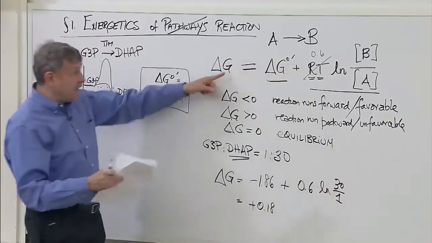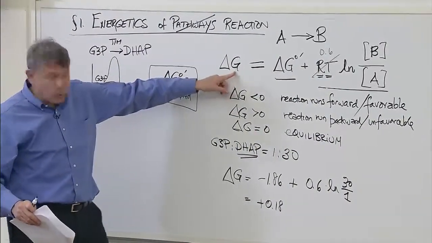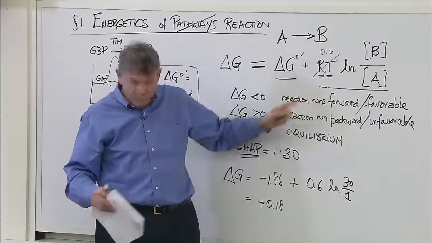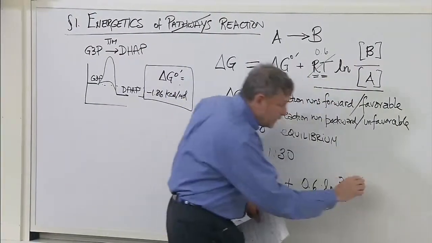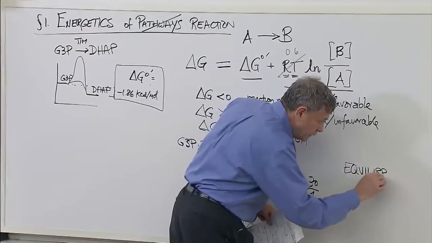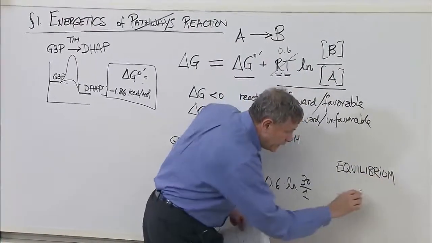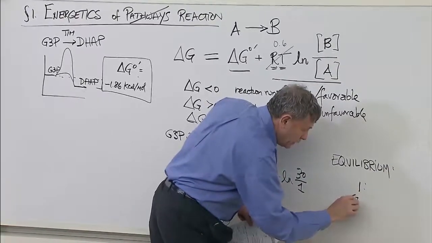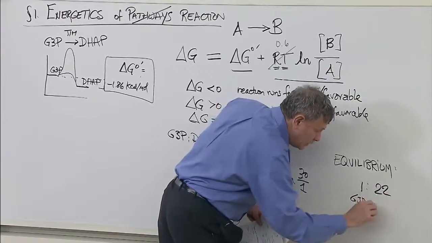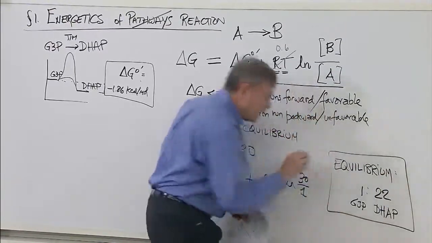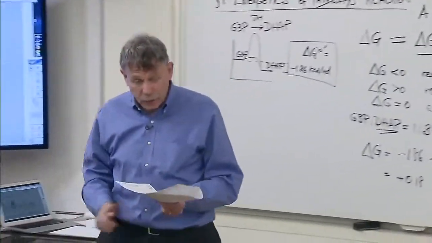So if you set that equal to 0, you could solve for the concentration at equilibrium. The equilibrium concentration for our reaction is about 1 G3P to 22 DHAPs. That's where the reaction is balanced perfectly at equilibrium.